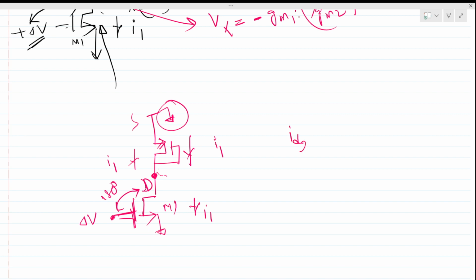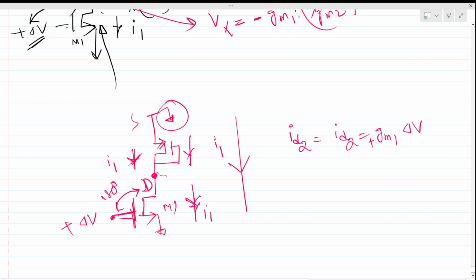So id2 will be nothing but, the direction will be in this way. The overall current is flowing in this path. So small signal id1 will be equal to id2, which is nothing but gm1 times del v, this del v, right? So this will be the plus case. All of this current is flowing in this direction.